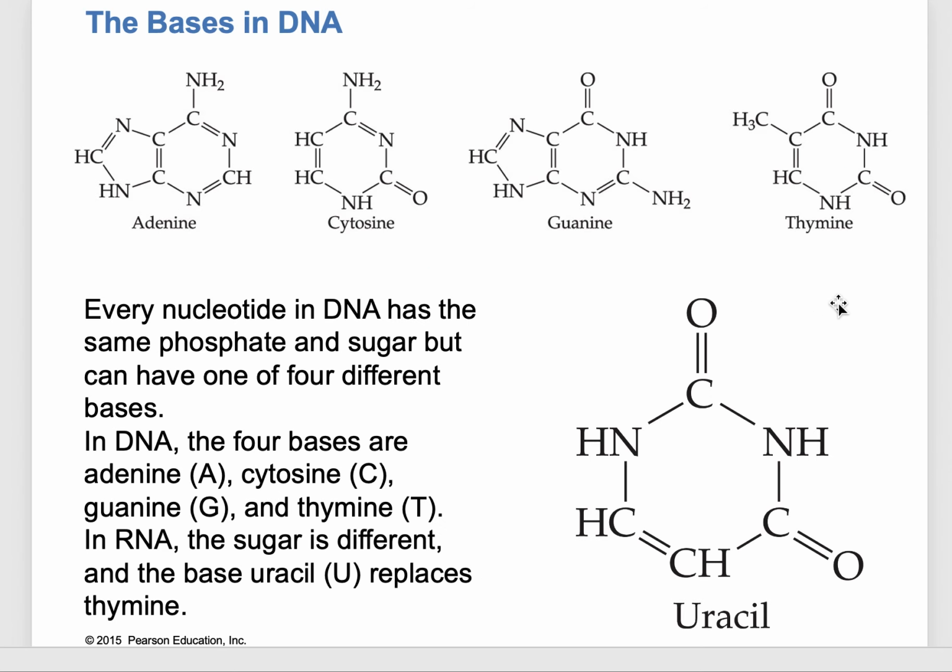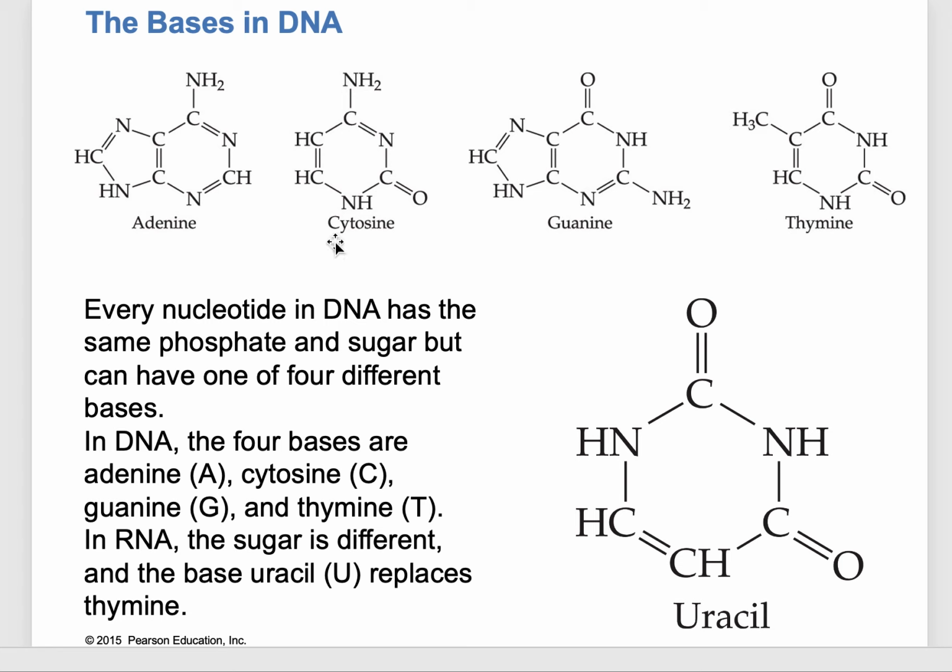Okay, how about the bases in DNA? These are bases that contain nitrogen. There are four different bases in DNA. The sugar and the phosphates are all the same. The four different nucleotides only differ in their bases, and that's why we use the letter of the base to represent the nucleotide.